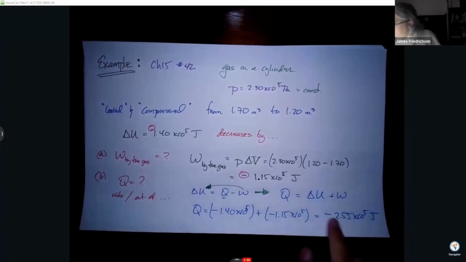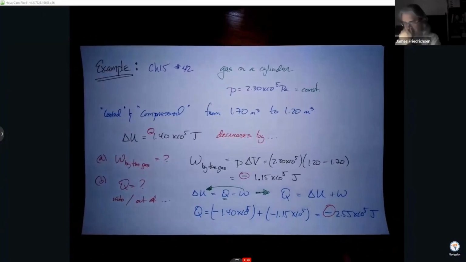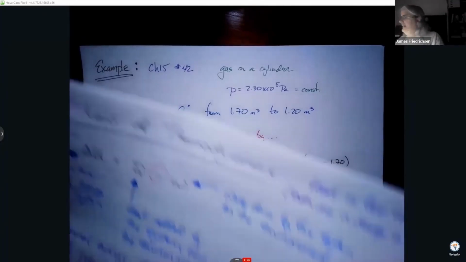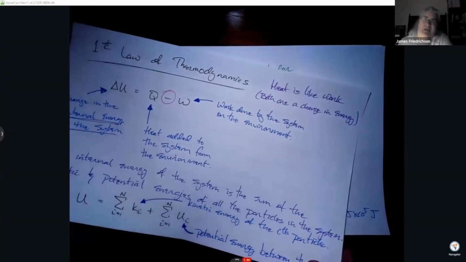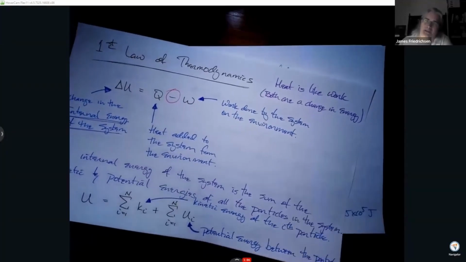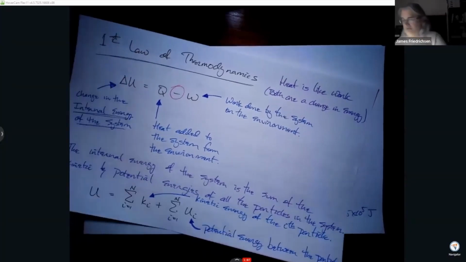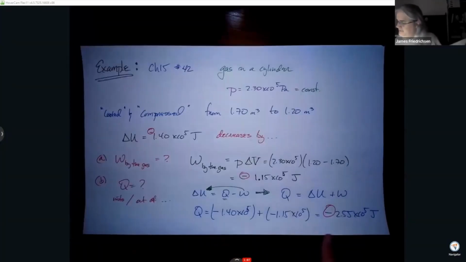Okay. And so what does this tell us? What you have to remember is what was the Q. That's how we can easily decipher this result. A lot of this is in these English phrases, and the English phrases predominantly determine things like signs. That's the hardest bit of these problems, the signs. Since this was the heat added to the system, if it's negative, what does that tell us?